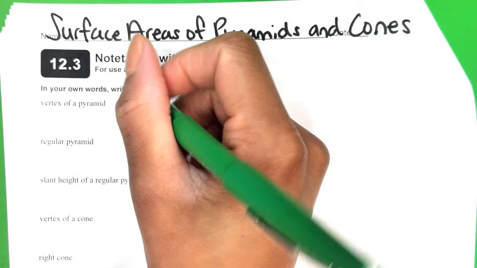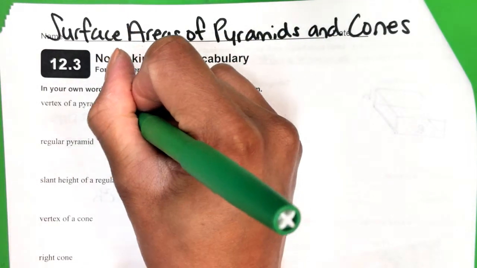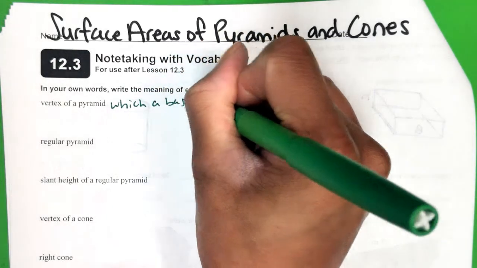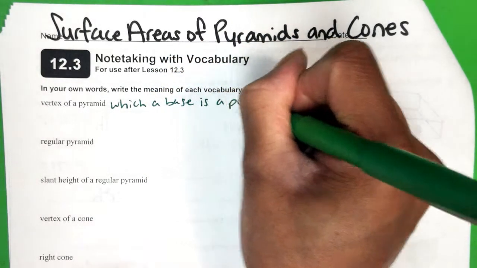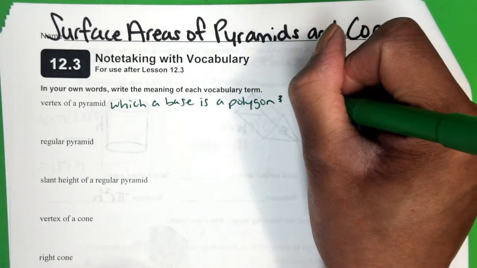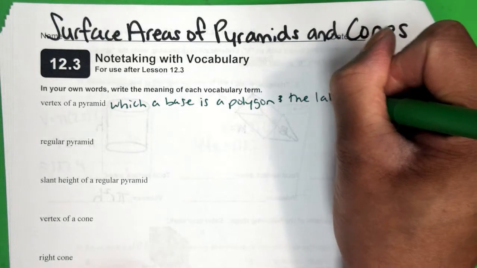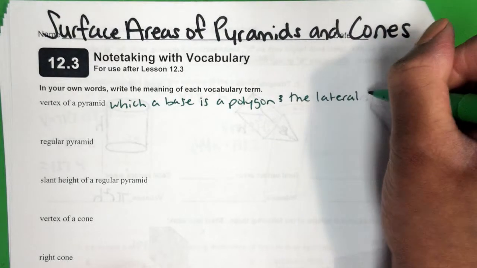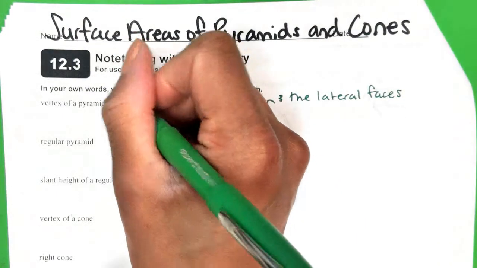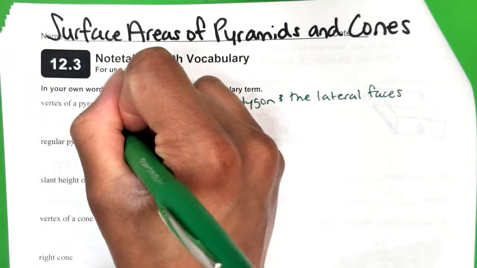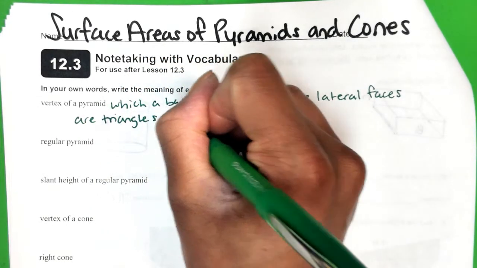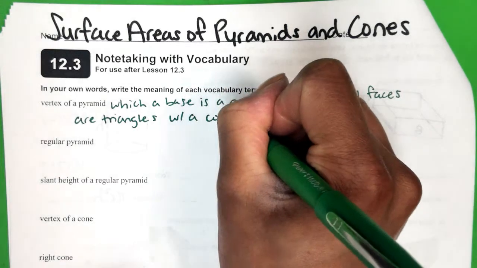So the vertex of a pyramid is which a base is a polygon and the lateral faces are triangles with a common vertex.